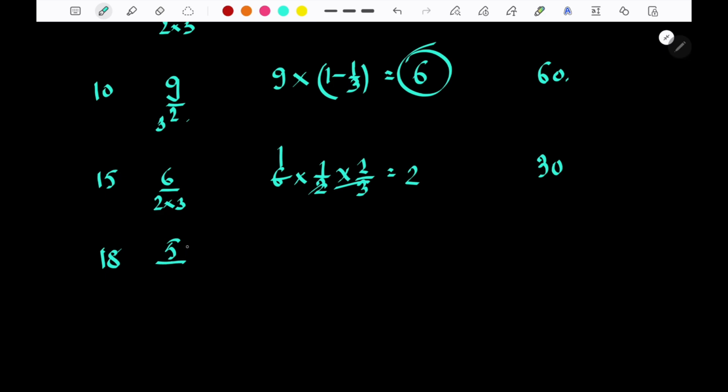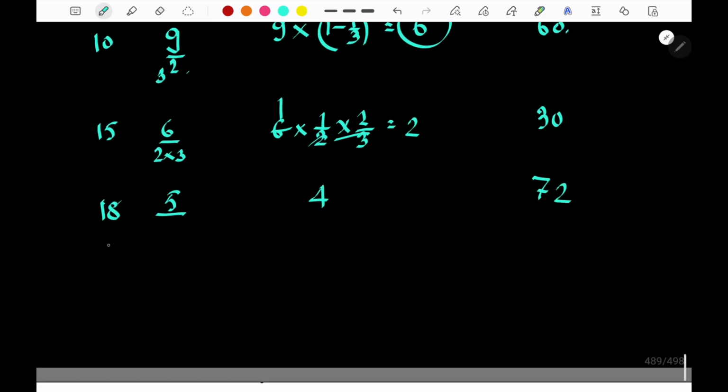So this will be 4 itself. So 18 into 4 will be 72. After 18 this will be 30. So here it is 3. So actually how many integers that are co-prime to 3 and less than equal to 3? Only 2. So this will be 60. Again 45. So this will be 2.